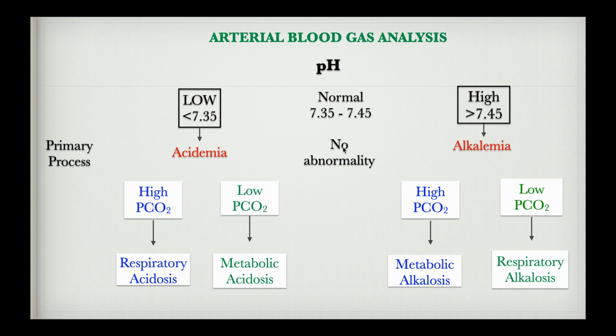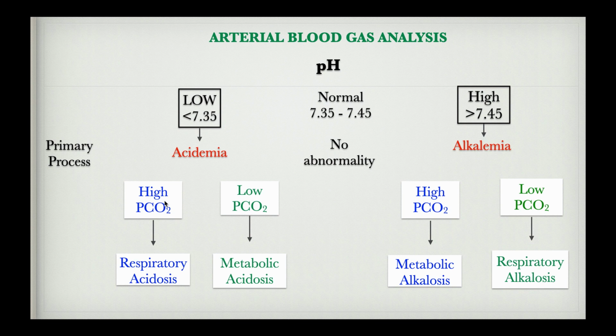Now, the second question we need to ask ourselves is, is this primary disorder a result of a respiratory or metabolic disorder? How do we know this? We can only know this by comparing the pH with the carbon dioxide or sometimes with the bicarbonate. Over here, we are going to compare it with the carbon dioxide.